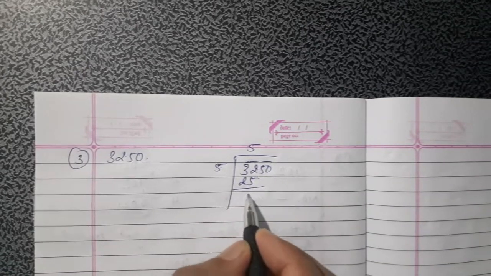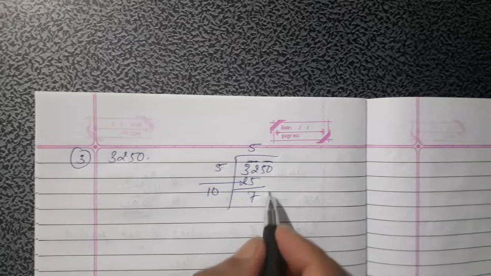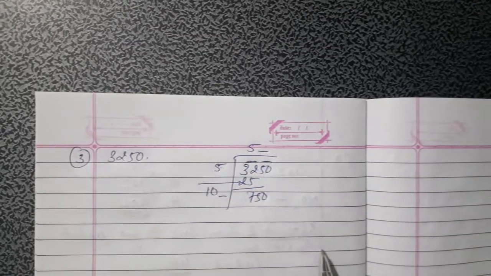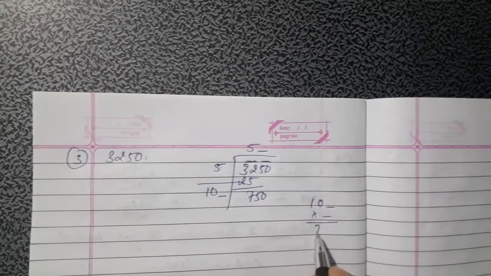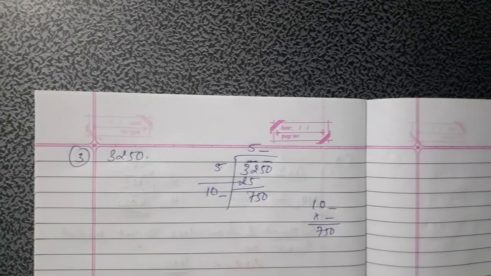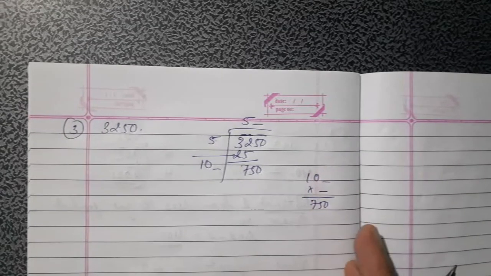So 32 minus 25 is 7. Double of 5 is 10. 50 comes down, here dash and here dash. Okay, so 10 into dash equals 750. Last digit is 0.